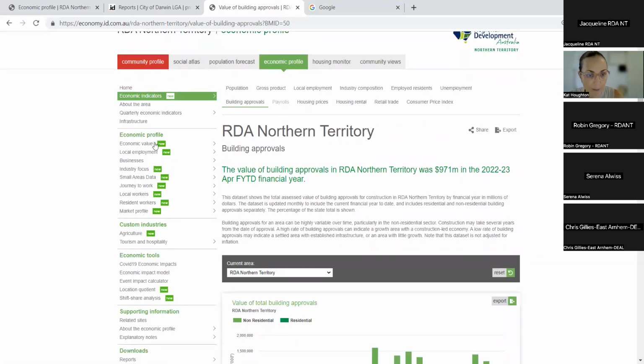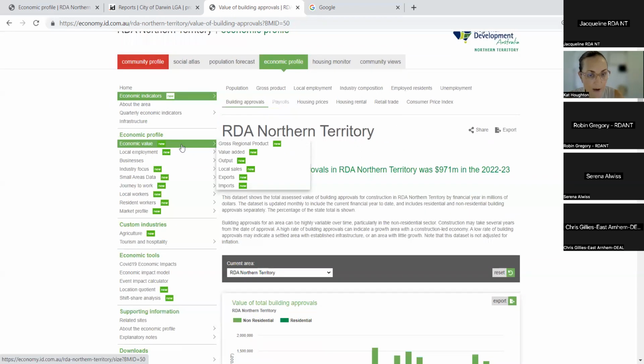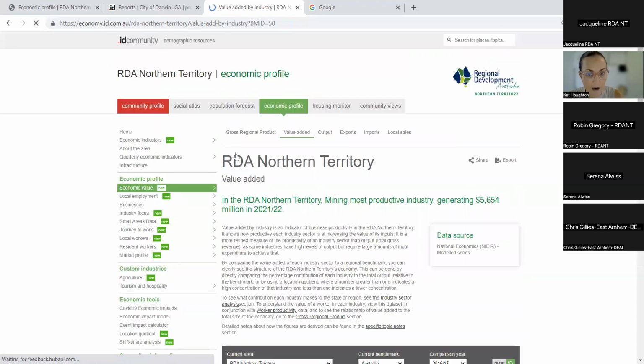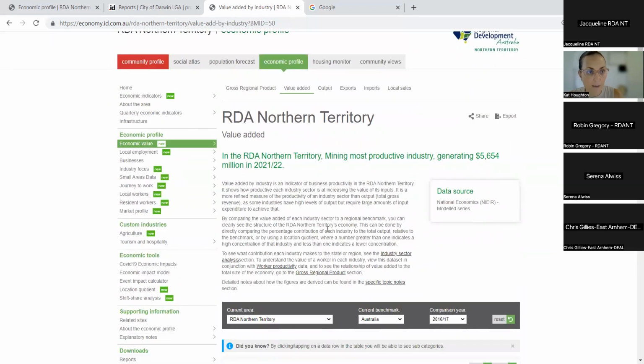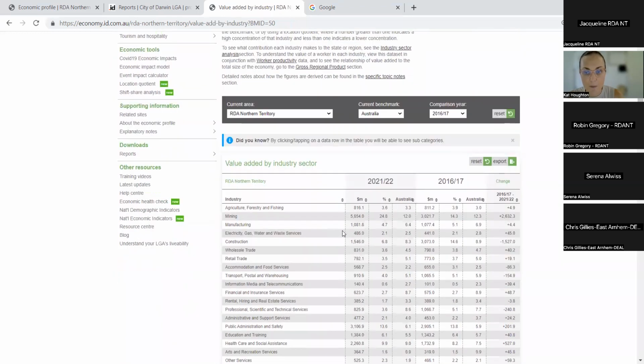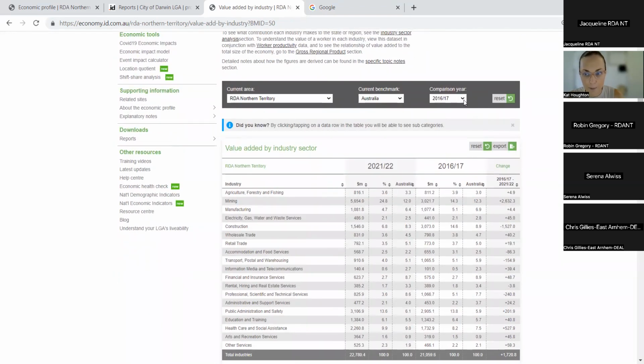The next thing then we want to look at is we want to go down to our economic value. So I'm basically just following the toolbar on the left there, and then I want to look at my value add. Okay, and the reason I'm looking at my value add is because I want to look at profitability in my community. I want to see what industries are the most profitable.